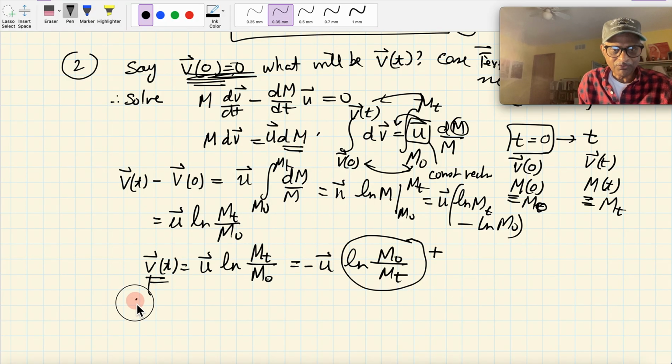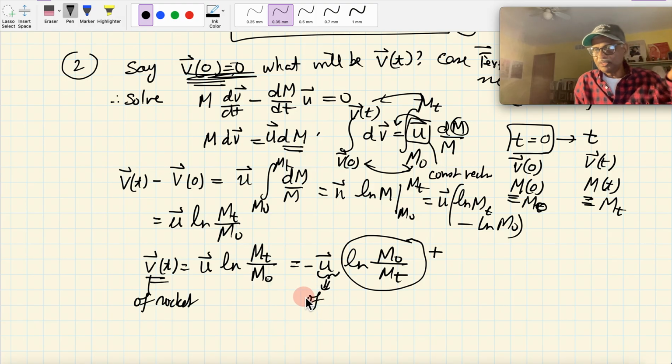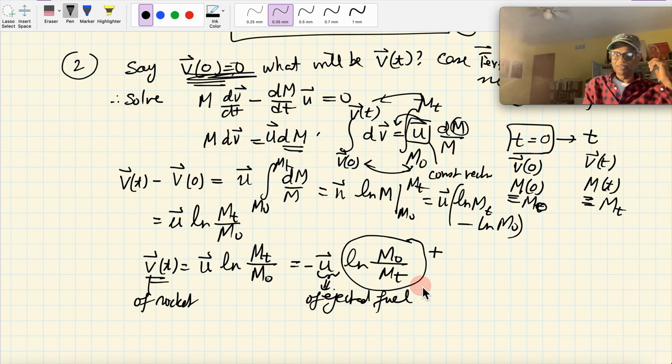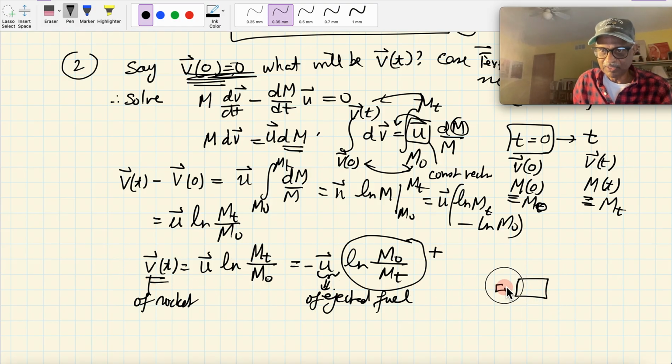This is the velocity of the rocket, and this u is of the ejected fuel. But u vector itself is with respect to the rocket. So if u is pointed back this way, then this guy is pointed that way. So they're opposite directions.